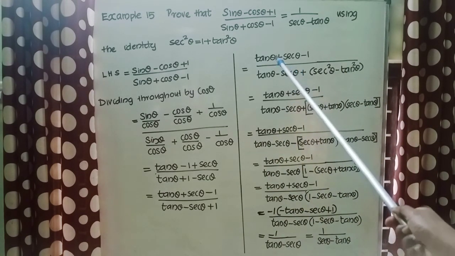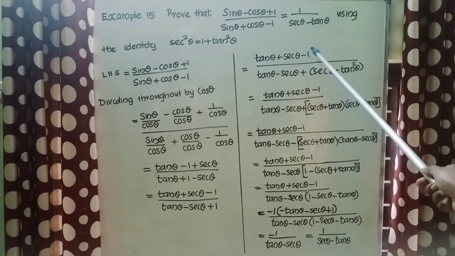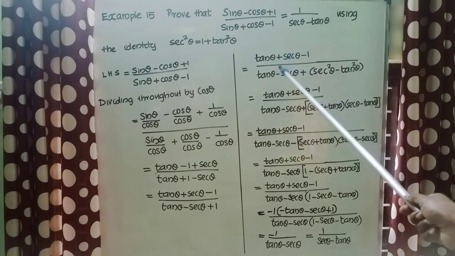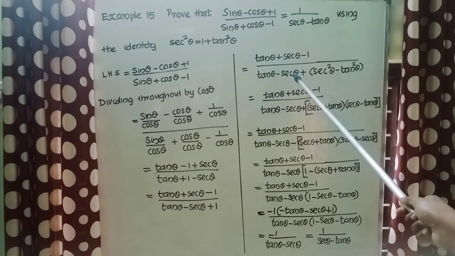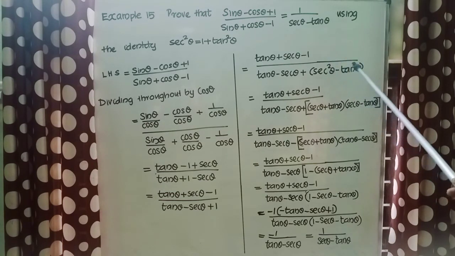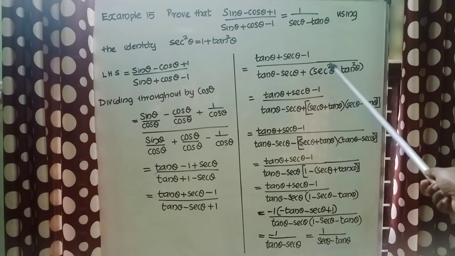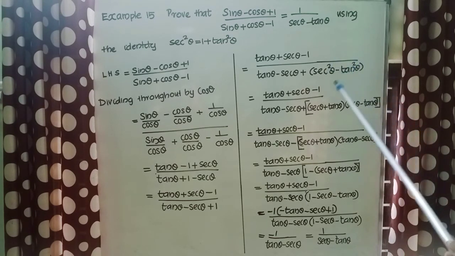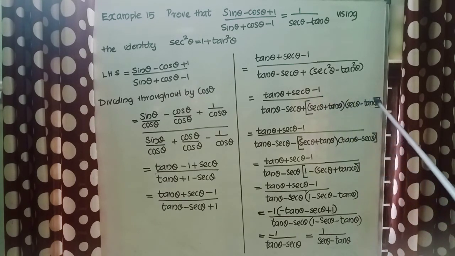So we get that is equal to (tan theta plus sec theta minus 1) whole divided by (tan theta minus sec theta plus sec square theta minus tan square theta). This is of the form a square minus b square, which we can factorize as a plus b into a minus b.